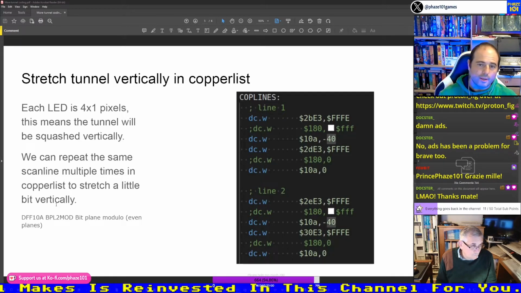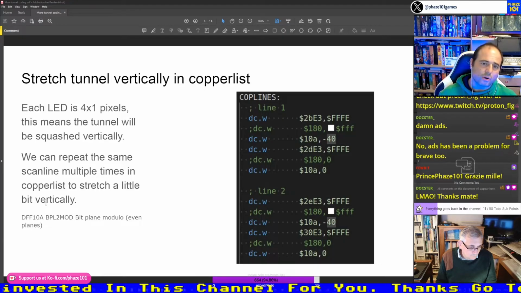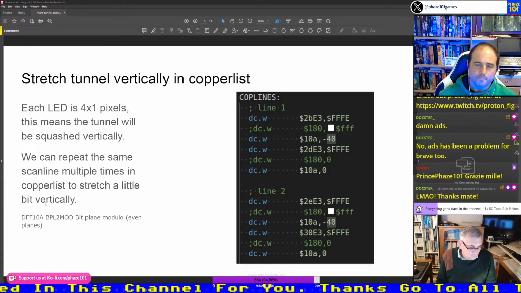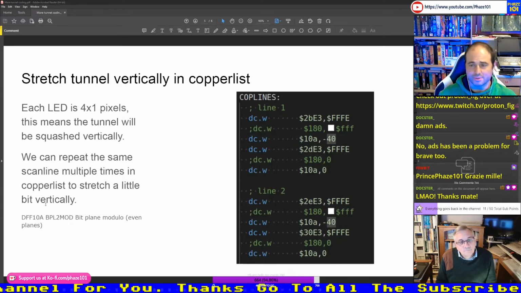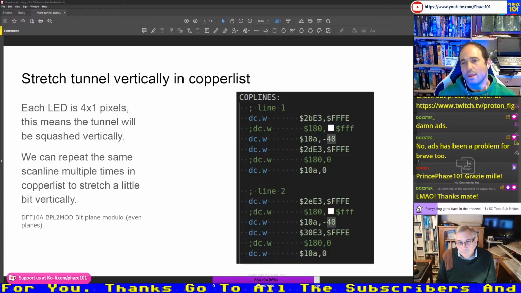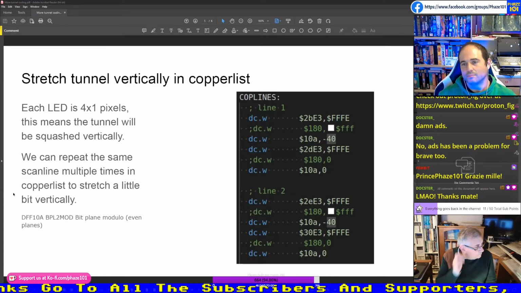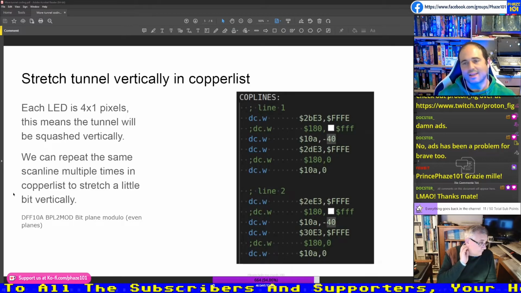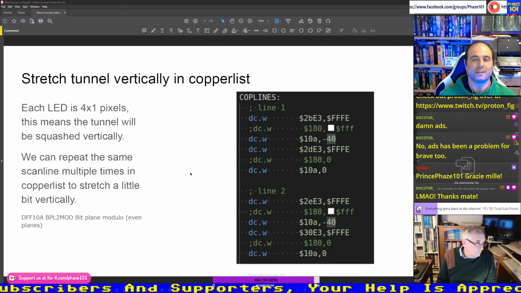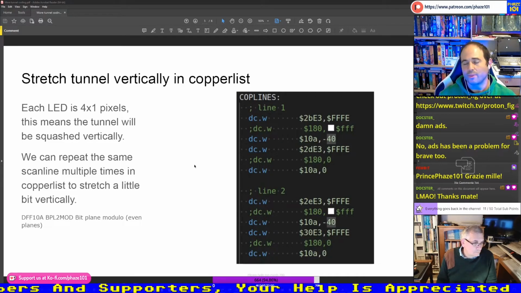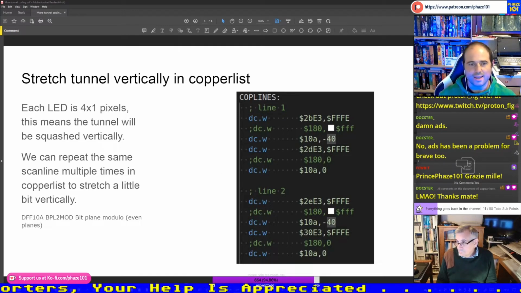And then it waits a couple of scan lines and then restores the BPL mod. So the same register is set to 0, and this means we can continue fetching data for the next scan line. So you have this effect of repeating over and over the same data without actually moving data to the bit planes. That's the idea.